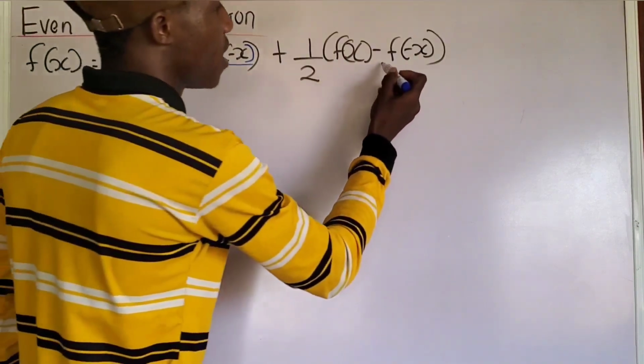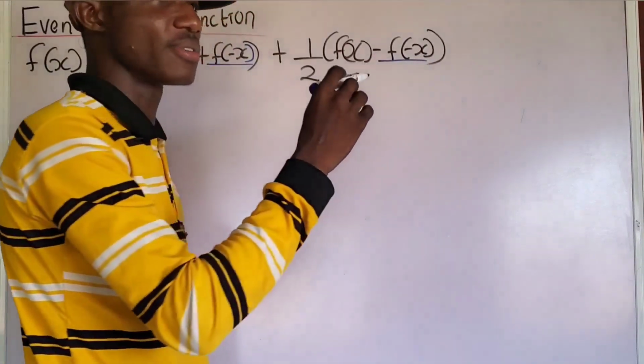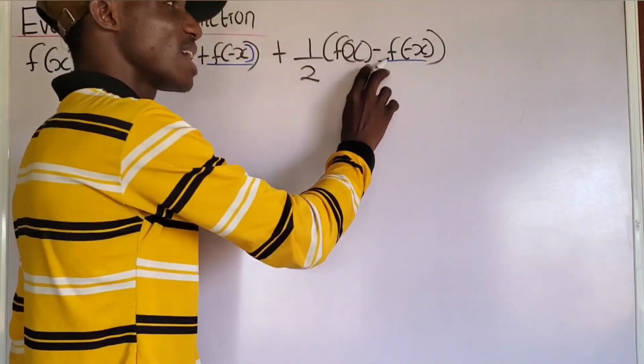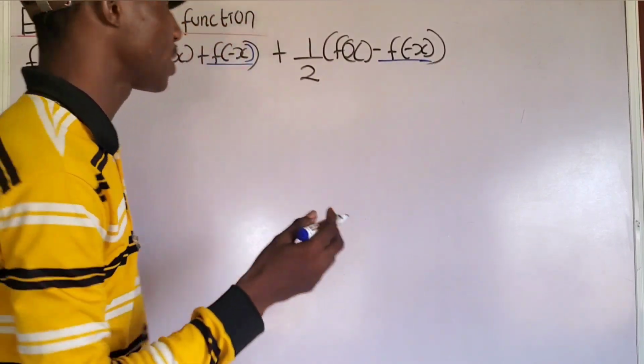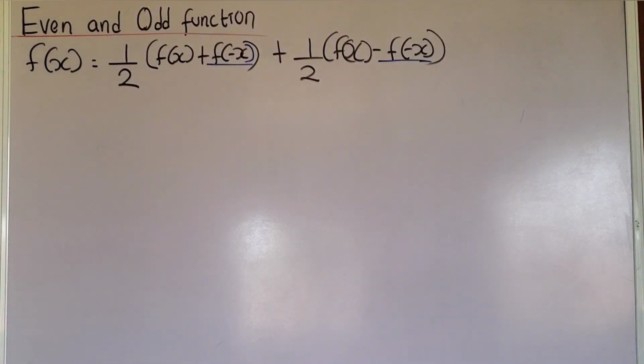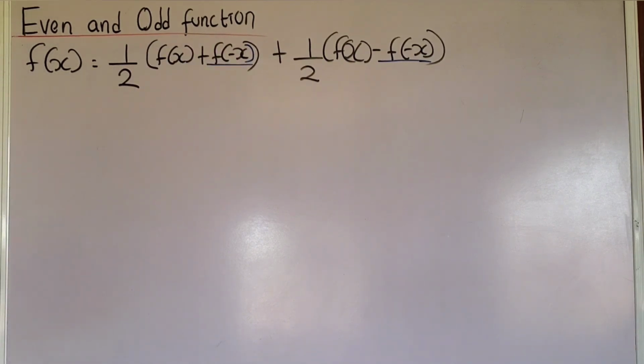And f of x minus f of negative x is for an odd function. So what we are actually trying is, can a function be written as the sum of an even and an odd function?